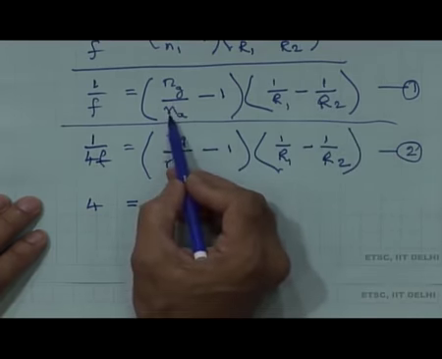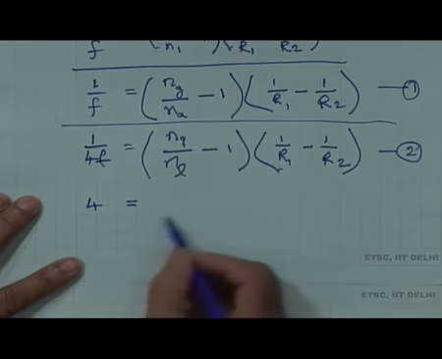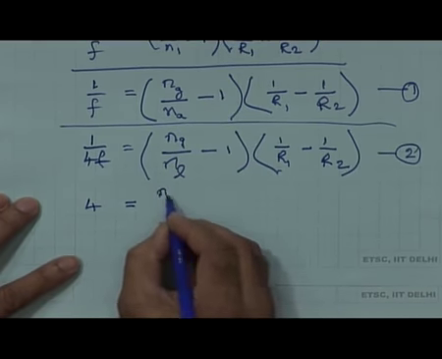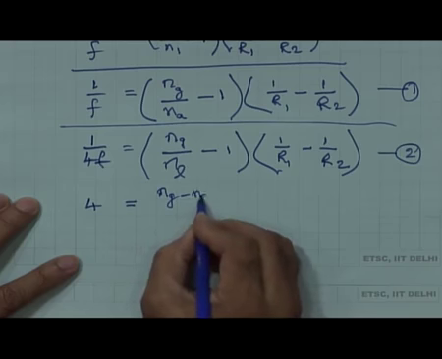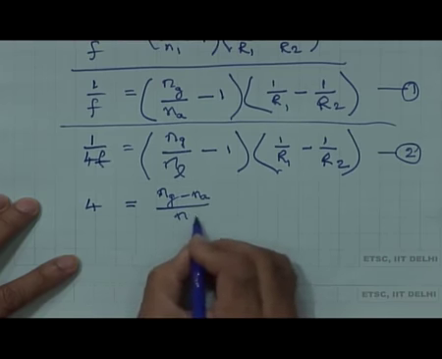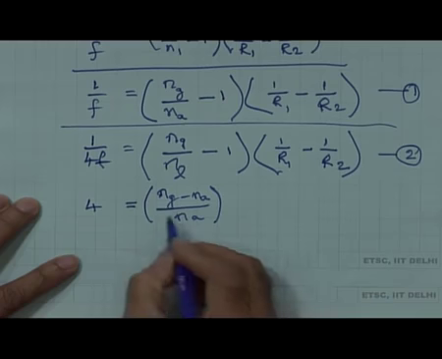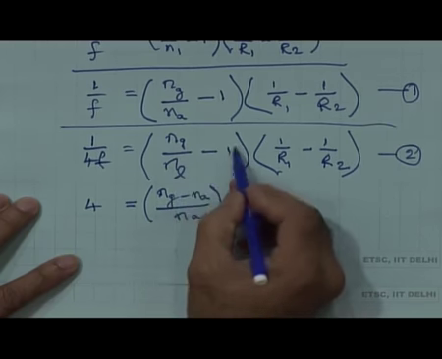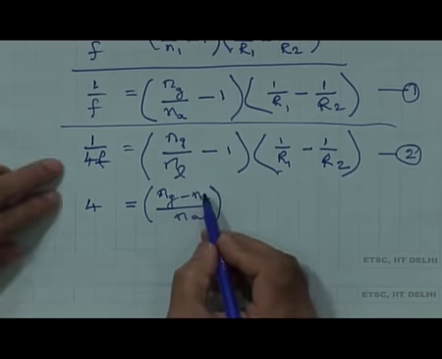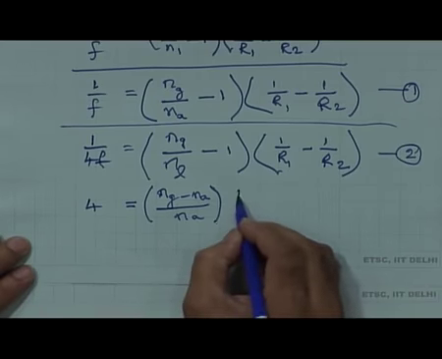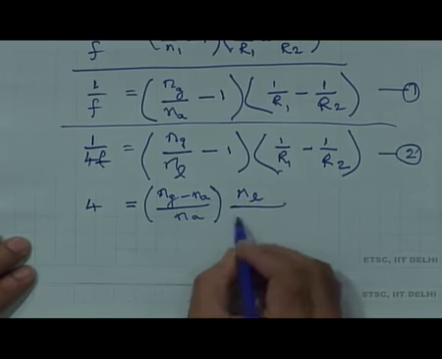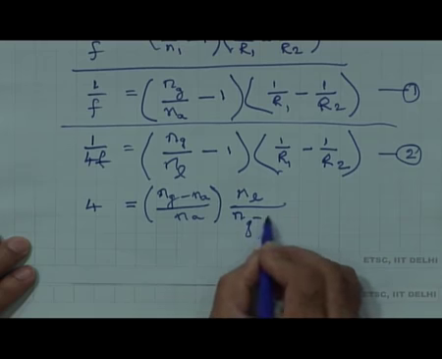This I can write as Ng minus Na by Na, divided by Ng minus NL by NL, but it is in the denominator, so I have to flip it. So NL divided by Ng minus NL.